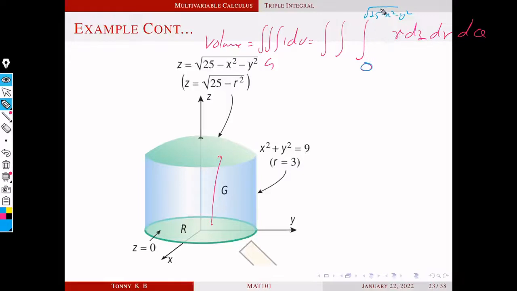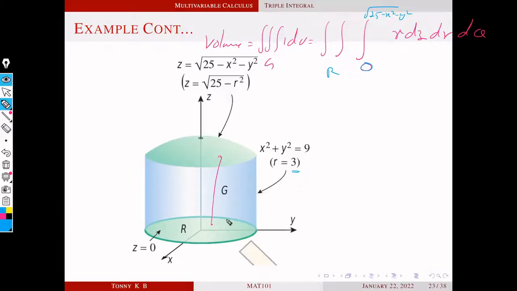Next we have to integrate over r. Integrating over r means the projection. This is our projection, the circular region. What is the radius of the circle? The circle is the intersection of the cylinder x square plus y square equal to 9 with the xy plane. So it is clear that its radius is 3.